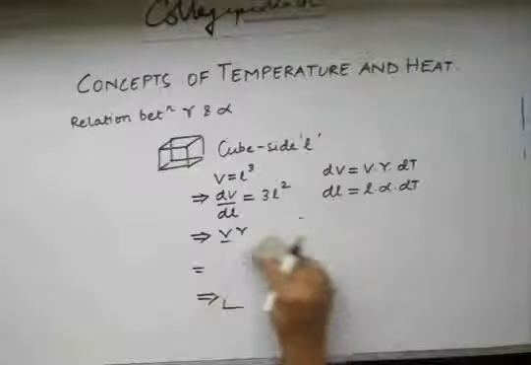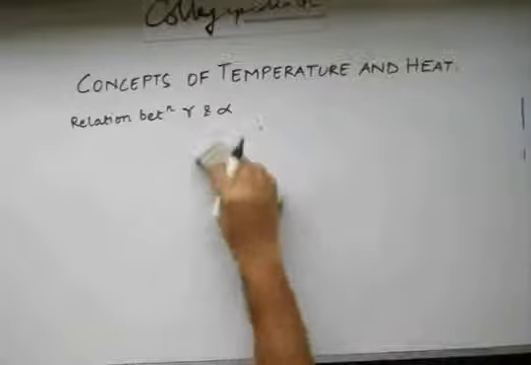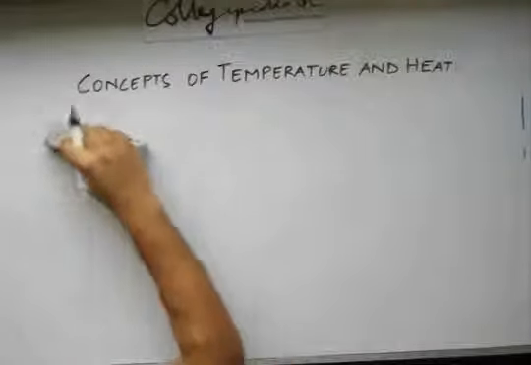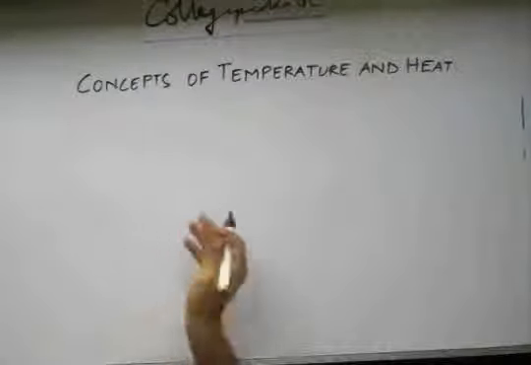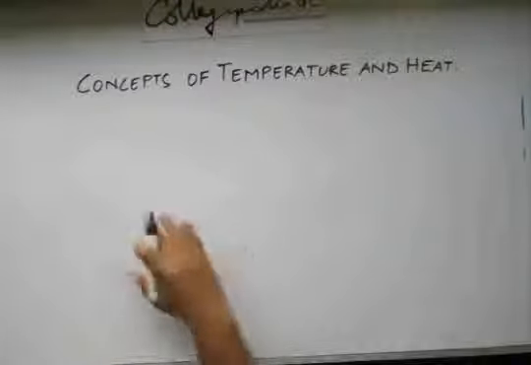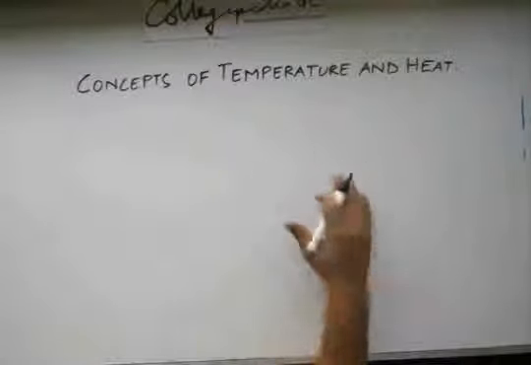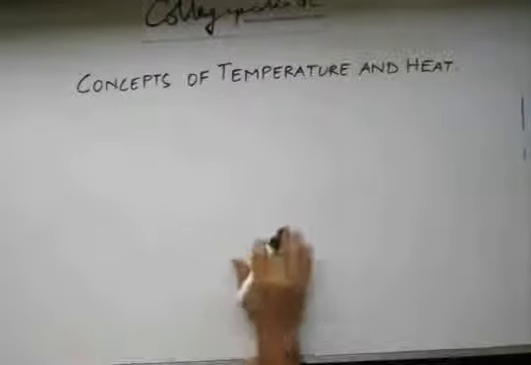In this topic, let us also look at another small part known as the variation of density of a gas with temperature, or let's say the variation of density of any body with temperature. We know that if we heat a body to a higher temperature, the body generally tends to decrease its density.